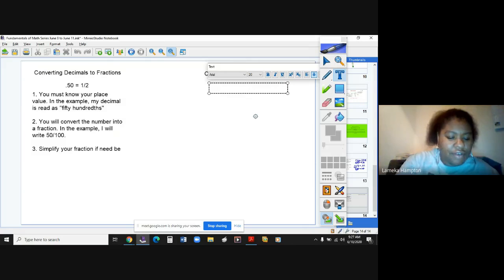So I have, and I'm going to use 1/2. I have 1/2 as my fraction, and I am converting it to a decimal, and that is going to give me 0.5.